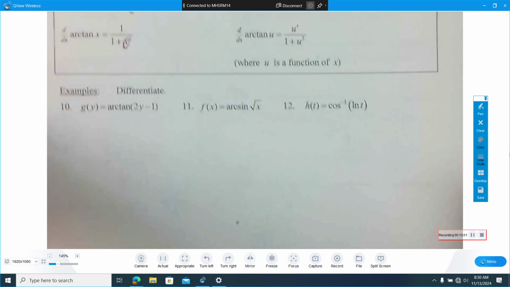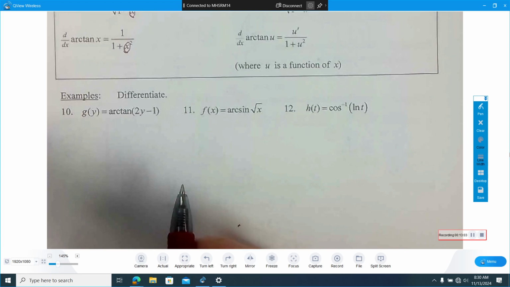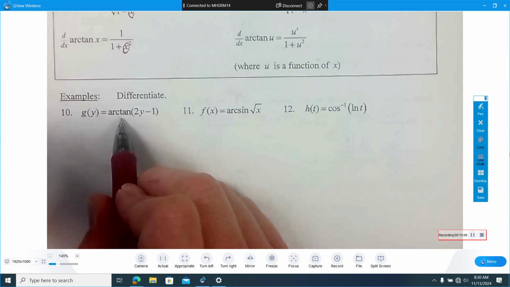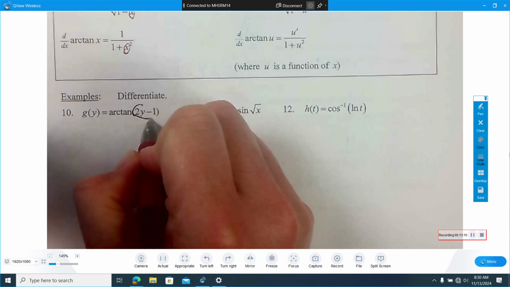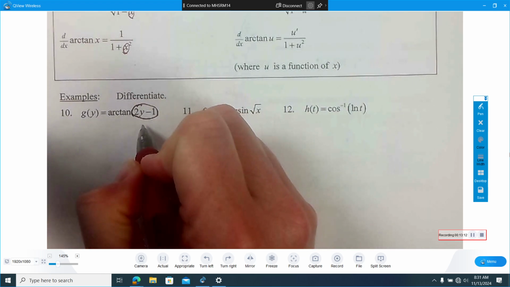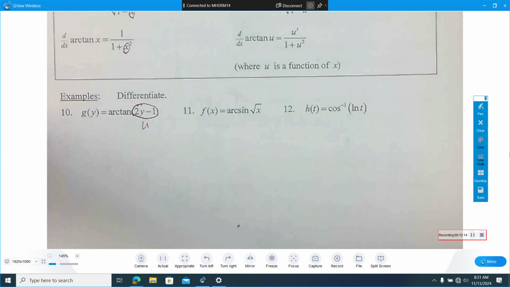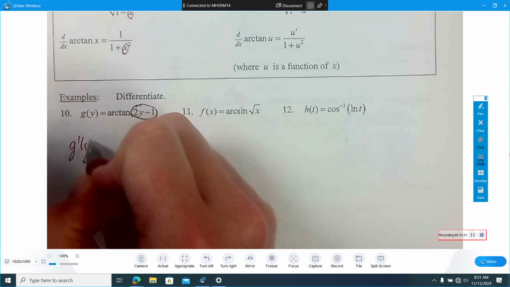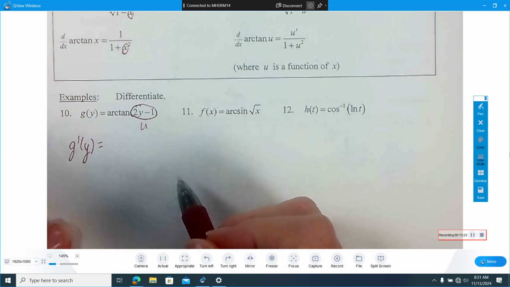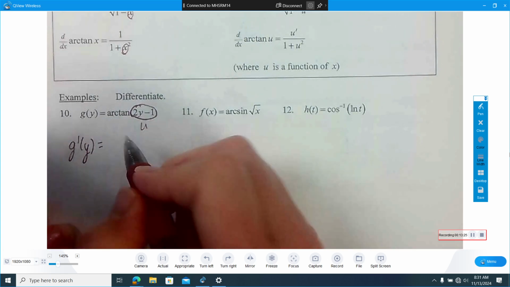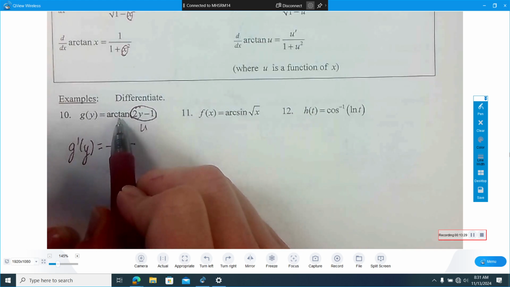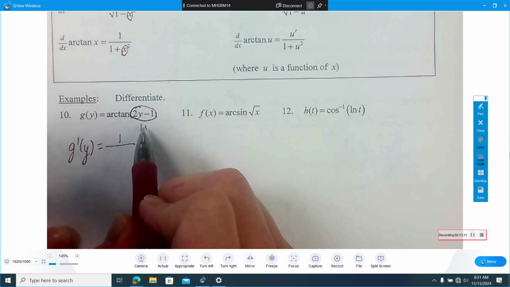Let's practice a little bit here. So g of y, we want to differentiate the arctangent function. Imagine this is just an x, or I'm just going to call it a u. Doesn't matter what I call it. And so g prime of y, the derivative of an arc function, is going to be 1 over, tangent is just 1 plus the thing squared.